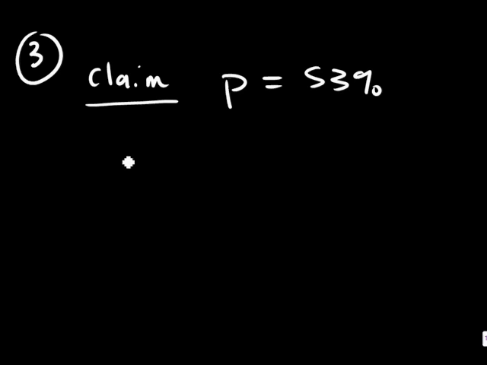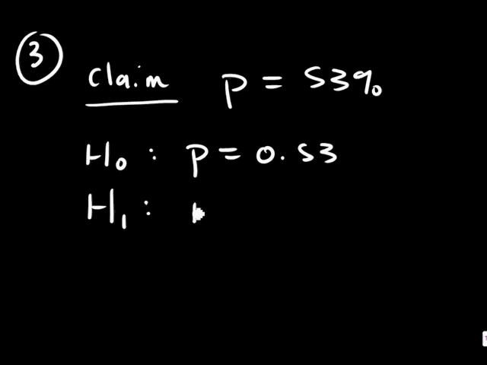This is the true proportion who will vote for the incumbent president. It turns out that this is a null hypothesis. So the null hypothesis is that the proportion is 53%, and the alternate is that the proportion is simply not.